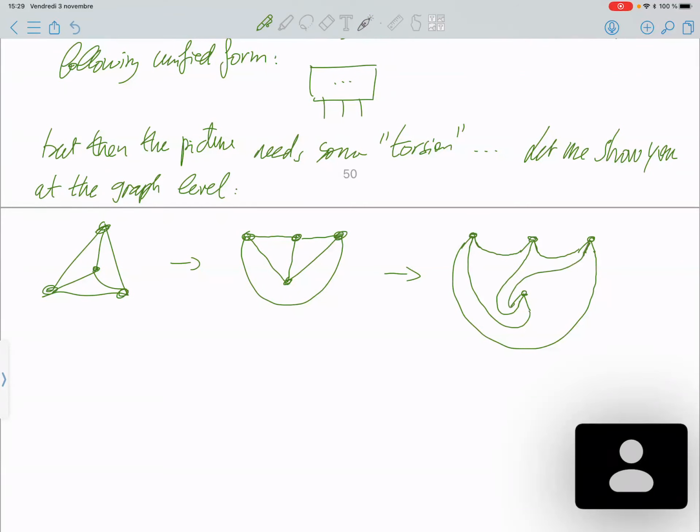Okay. So these are three isomorphic graphs. They are all the same graph here. But this is how we will represent the tetrahedron in a monoidal category.